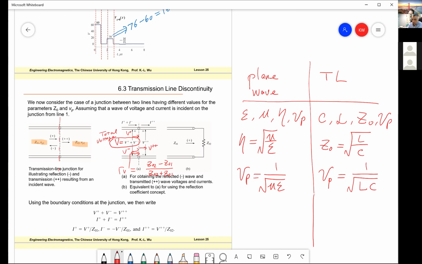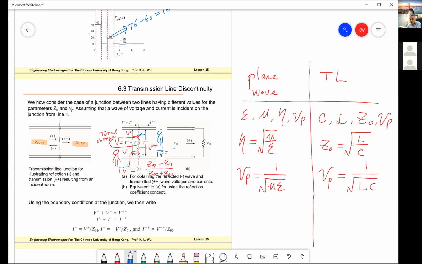When you look at here, but if you look at here and then look into the interface, the voltage reflection coefficient will be different. So if I call this backward, this is forward.